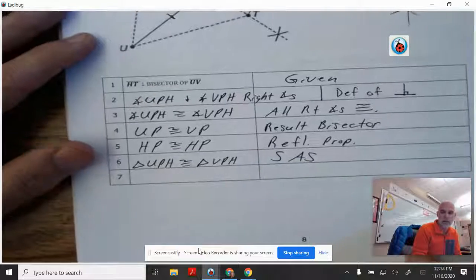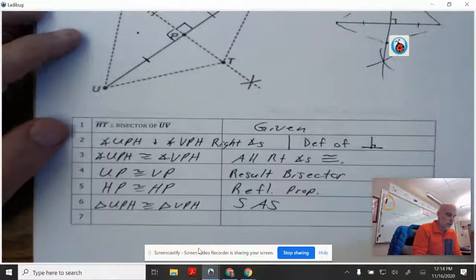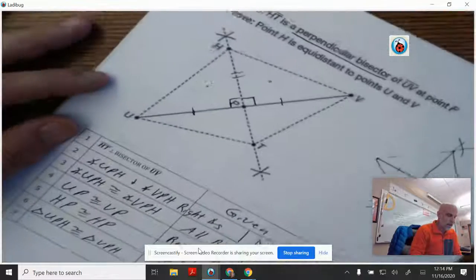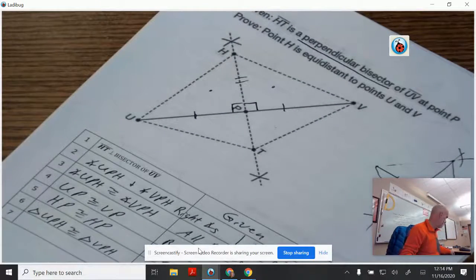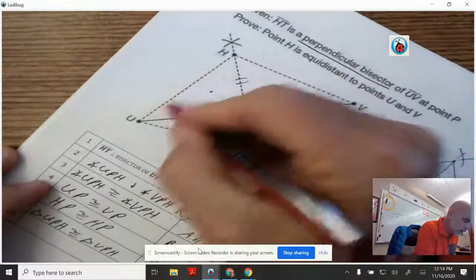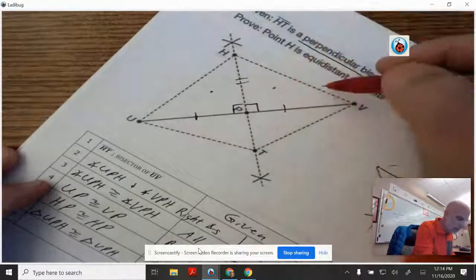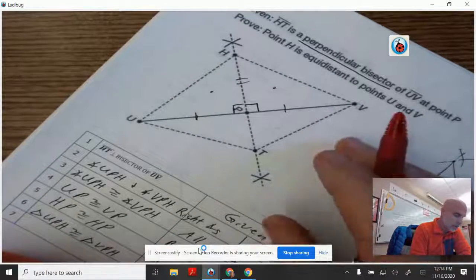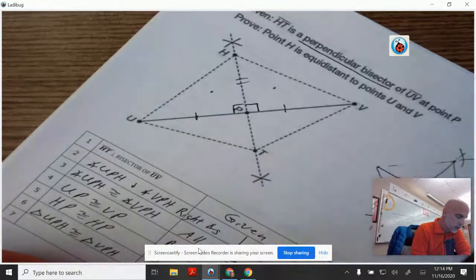All right, now here's the new thing. We're not only proving that triangles are congruent. We did that. Remember, what I'm trying to show is that this piece right here is the same distance as that one. That's not necessarily proving the triangles are congruent. Now, I'm going to use triangles congruent to do this. But here's the argument.